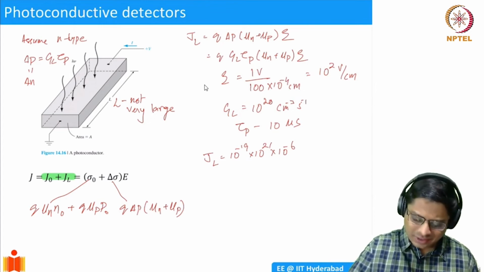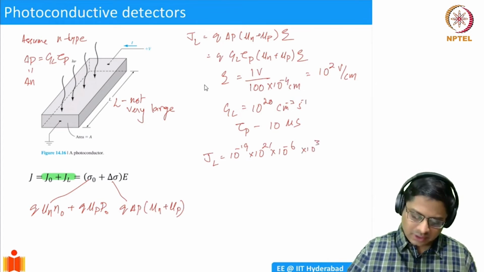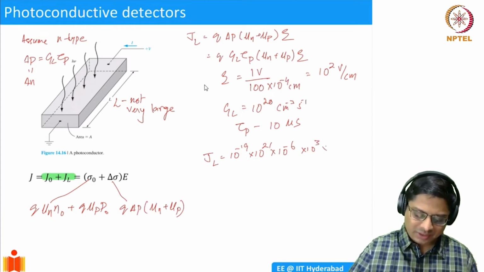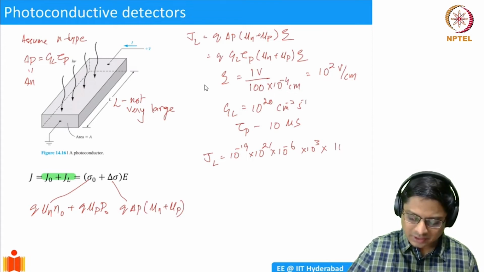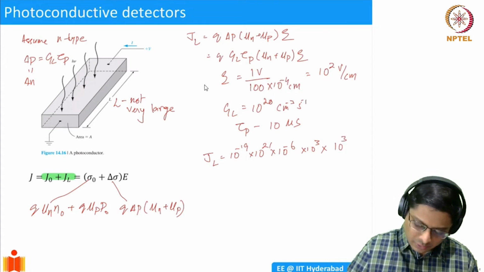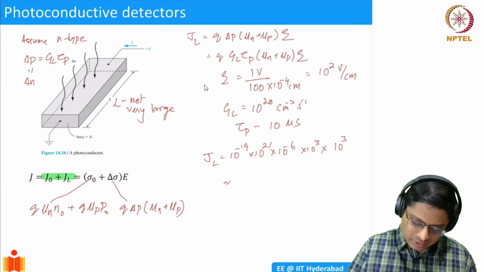I'll just roughly put 10 power 3000. And for the electric field, let's say I managed to make a 10 micron thickness of the semiconductor, so I'll make it 10 power 3. So what will be the order of magnitude of this? 3 plus 3, 6. 6 will go out here. So essentially you have 10 power 2.